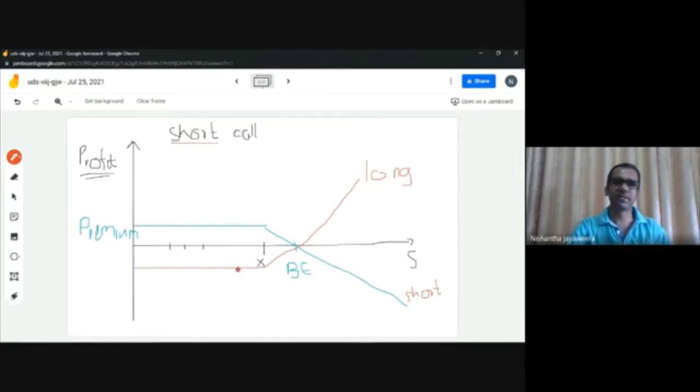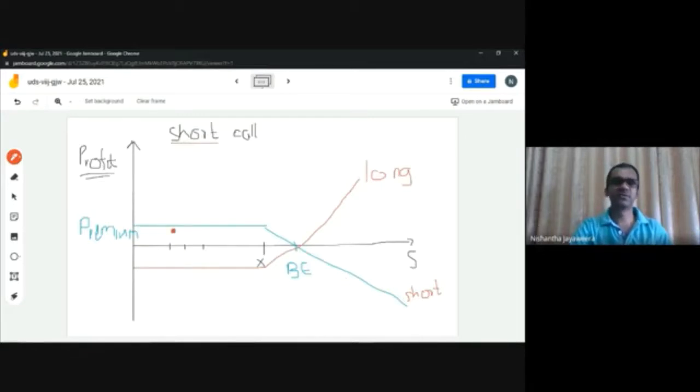When the buyer makes a loss, seller makes a profit. When the buyer's loss reduces, seller's profit reduces. When buyer makes a profit, seller makes a loss.